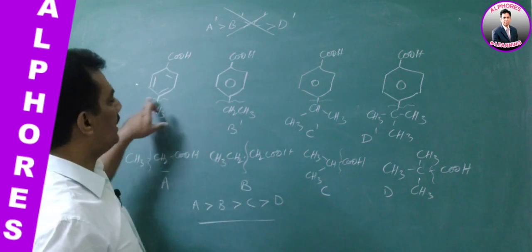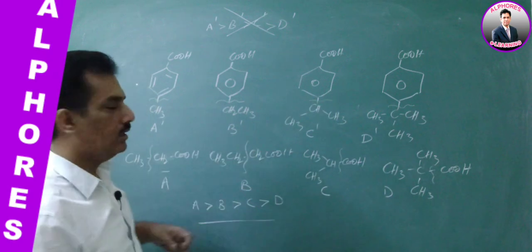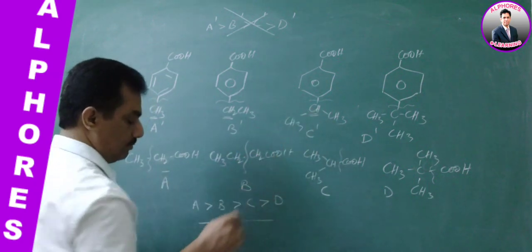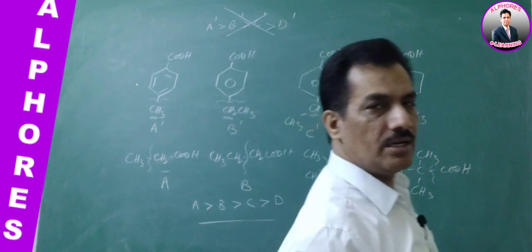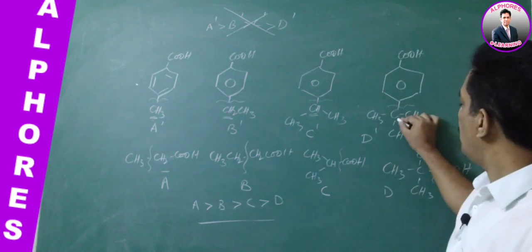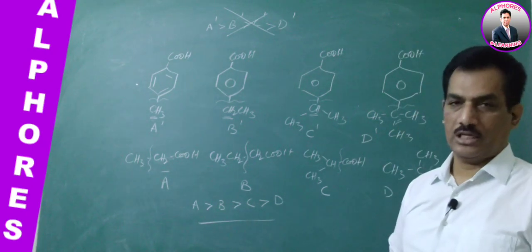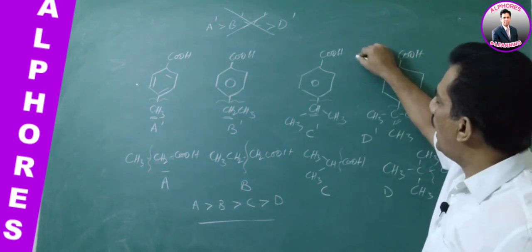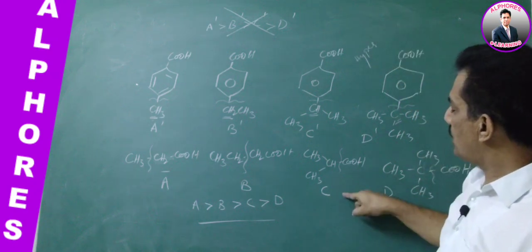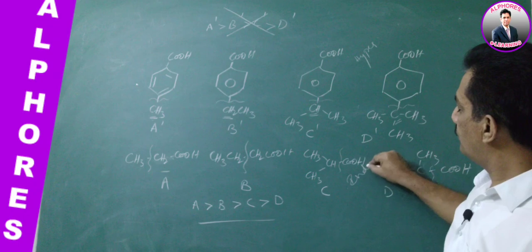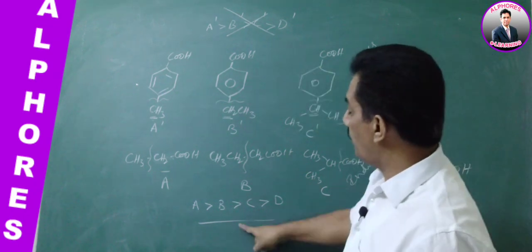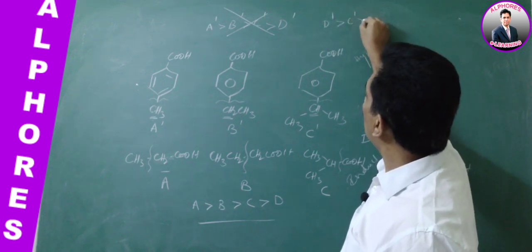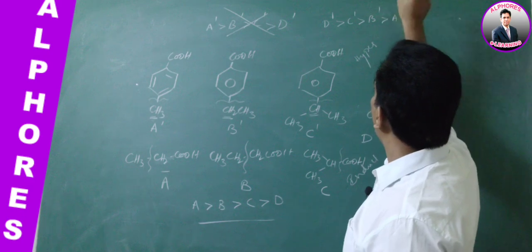But unlike that, when they are attached to the benzene ring, the number of alpha hydrogens present on the benzylic carbon, that is the carbon directly connected to the benzene ring, is responsible, because hyperconjugation is involved here. In this case, hyperconjugation, and in the other case, inductive effect. So here, instead of following this order, it is giving D bar greater than C bar greater than B bar greater than A bar.